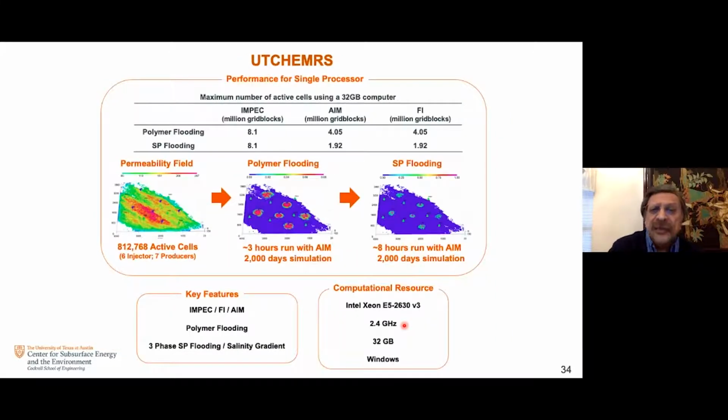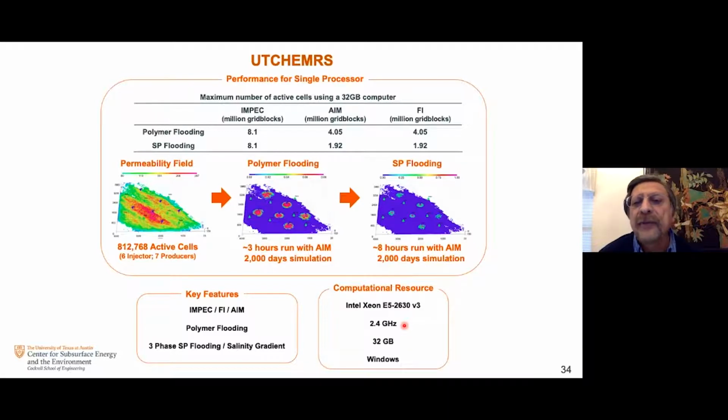Okay, as you can see here for UTChem RS, we are able to use IMPEC on a PC that has about 32 gigabytes of memory. It's Windows based. This is the test that was done. Using the IMPEC simulator, you can use about 8 to 9 million grid blocks.